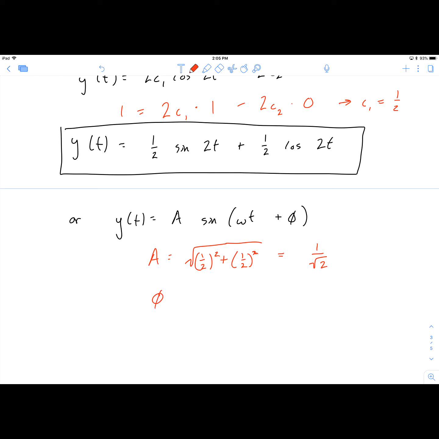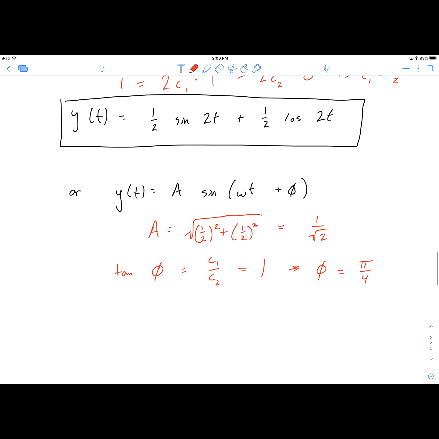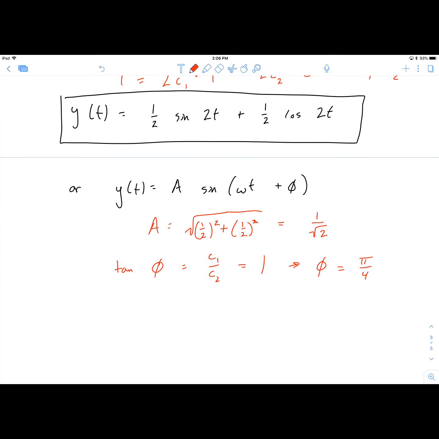Then phi is related to c1 and c2. The tangent of phi is c1 divided by c2. Since they're equal, that's 1. So tangent of phi equals 1. The simplest value to use for phi would be pi over 4. Of course, you could use other values and it would just be a shifted version of this, but the easiest one to use is the first value that comes to mind, which is pi over 4, rather than going around the unit circle again.